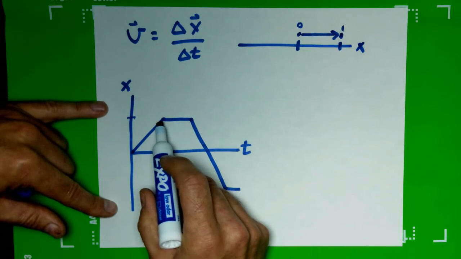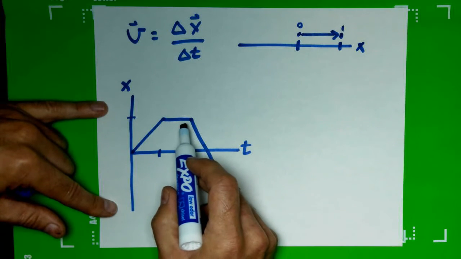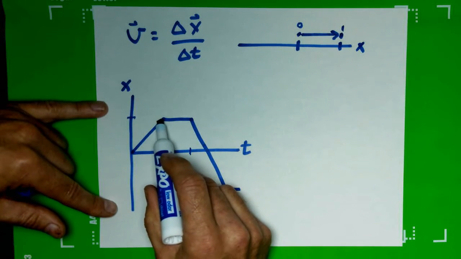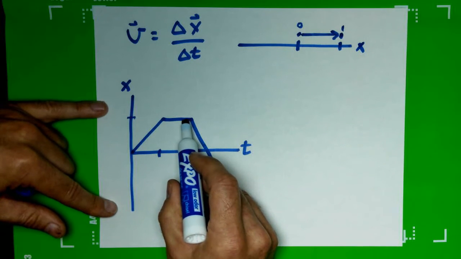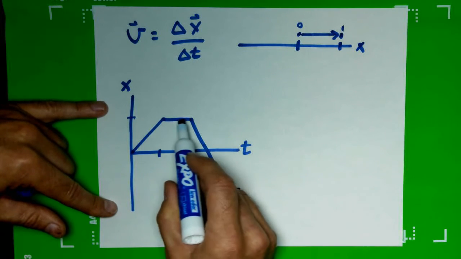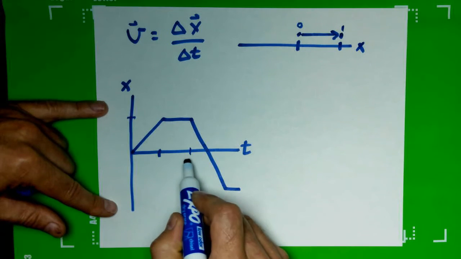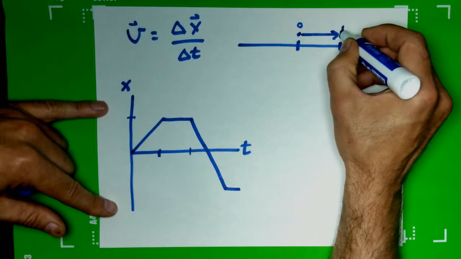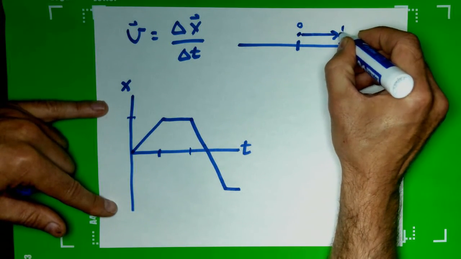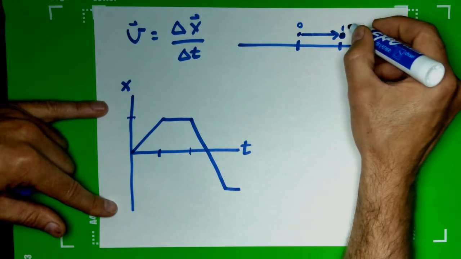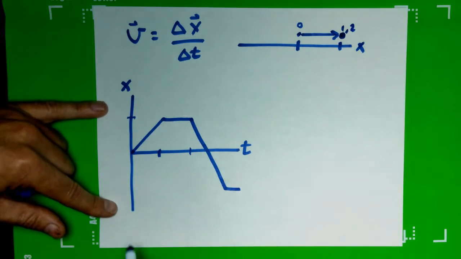And then what's it do now? Well, as time ticks on from here to here, it stays in the same position. So this horizontal line indicates it's not moving anywhere. We're not changing our position even though time's changing. So it sits there for a while. I'll make that dot bigger to emphasize it's sitting there. And so it stays there from time 1 to, let's say, time 2. So this is t1, this is t2.